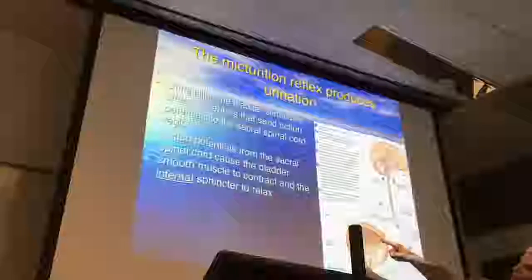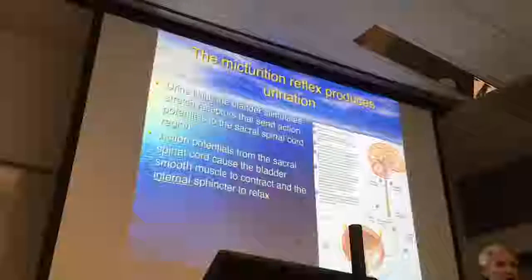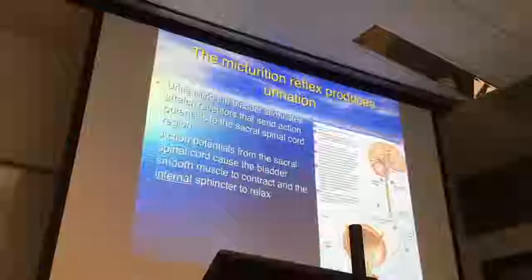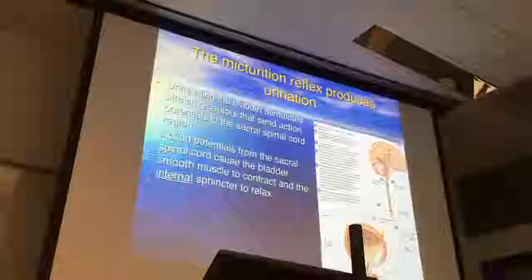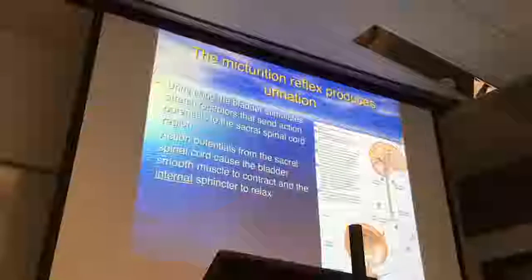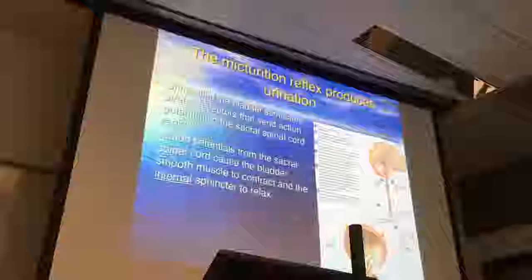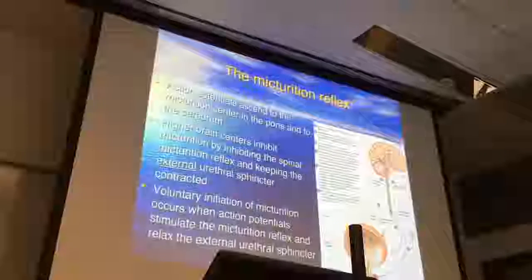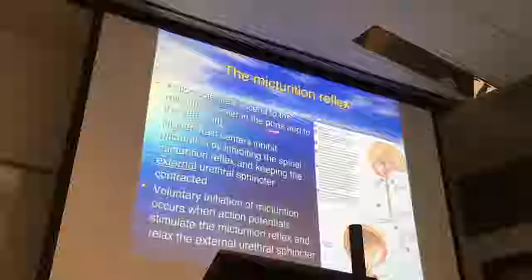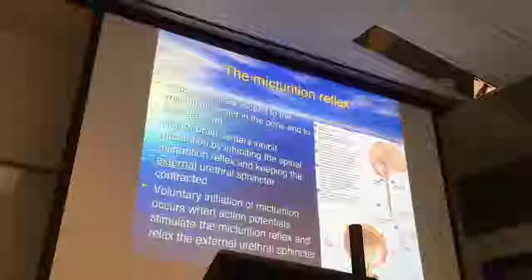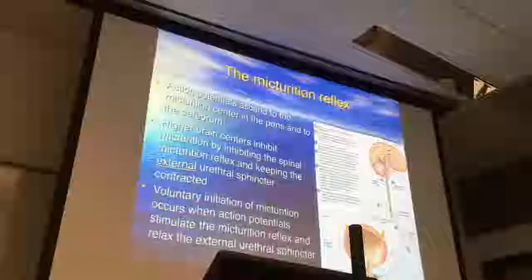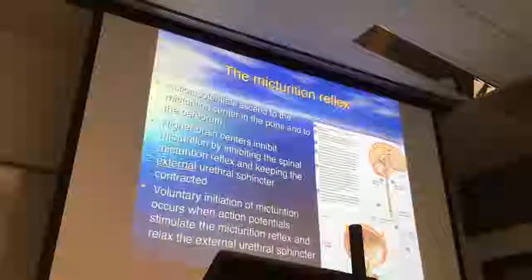If this actually relaxed the external sphincter, you would urinate at that time. Okay. In an adult, at the same time that it receives the stretch information, it's going to send impulses up to the pons, right there. That's the pons. And then that sends impulses to your cerebral cortex, you becoming aware of your bladder getting full.